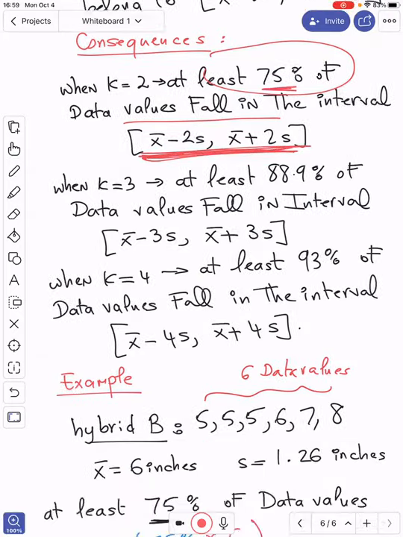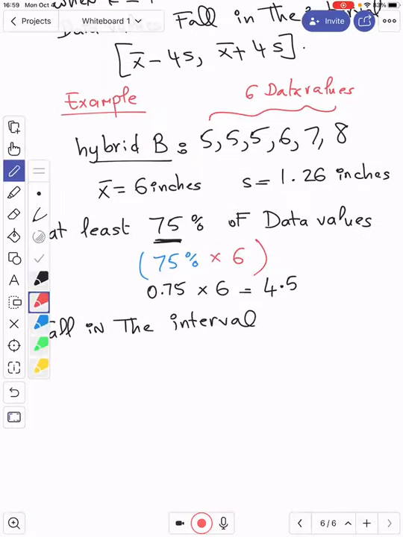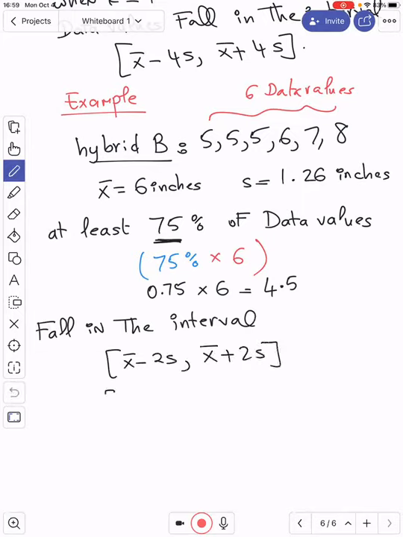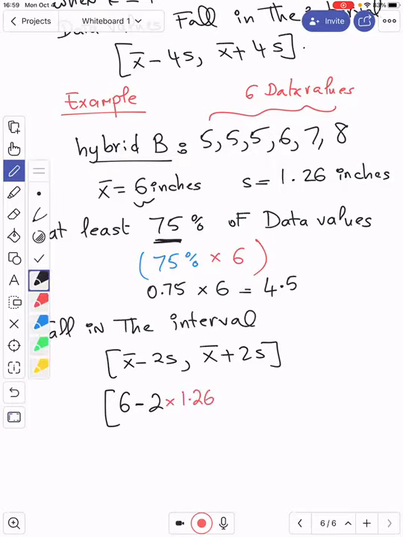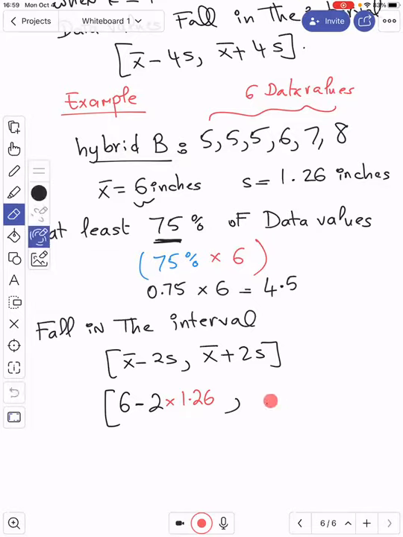In this example, x bar is 6, so it's 6 minus 2 times the standard deviation, which is 1.26, and 6 plus 2 times 1.26.